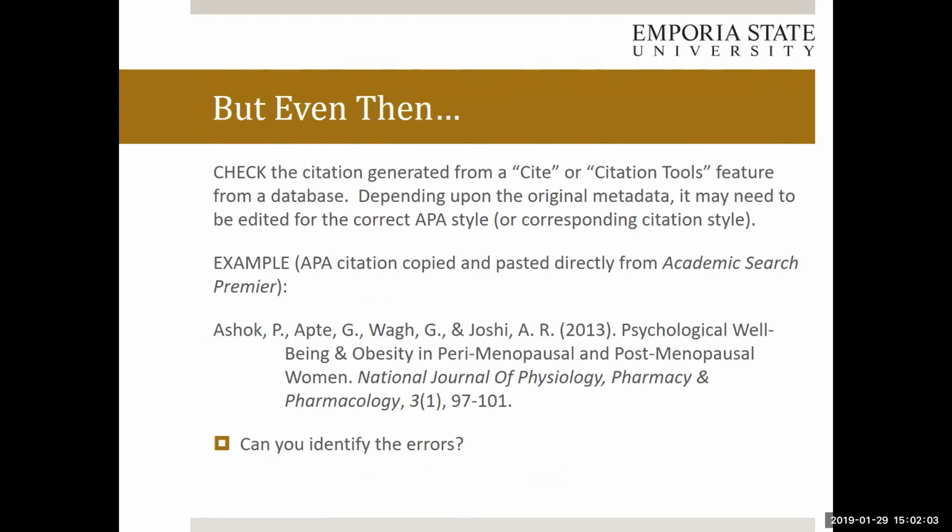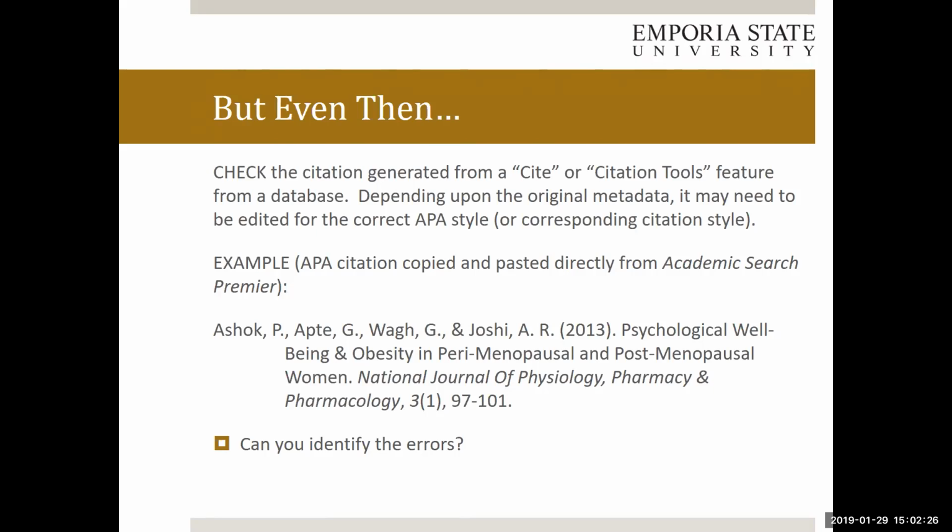So it's incredibly important, if you use the cite feature or citation tools in a database, to check, double check, triple check, because you're probably going to have to do some editing depending upon what we might call the metadata, which is actually the data that was entered originally for the record of that article or other item in that database.